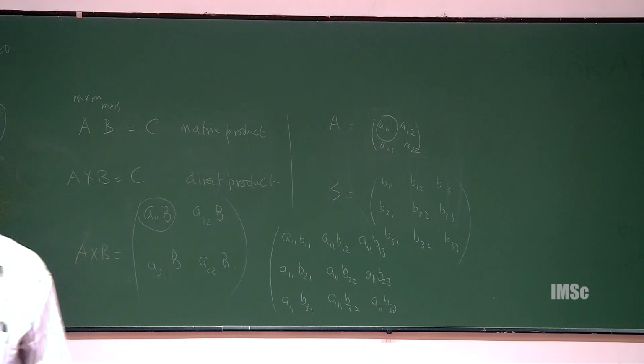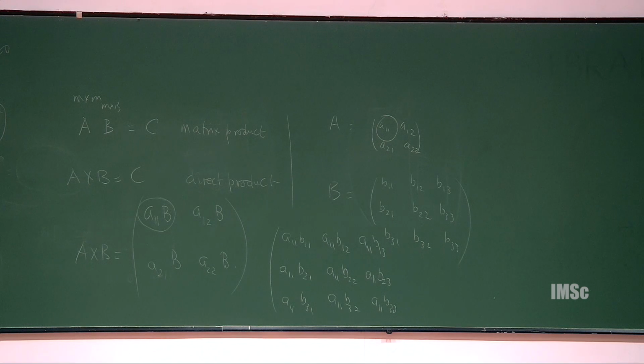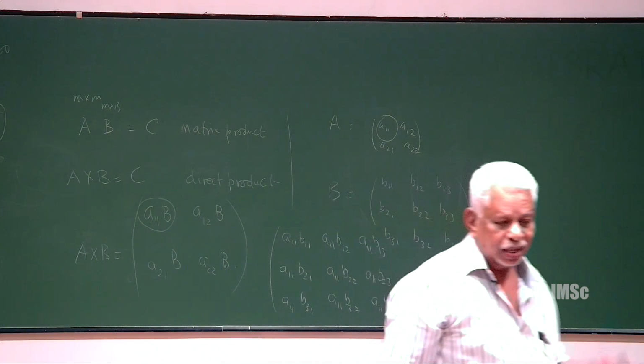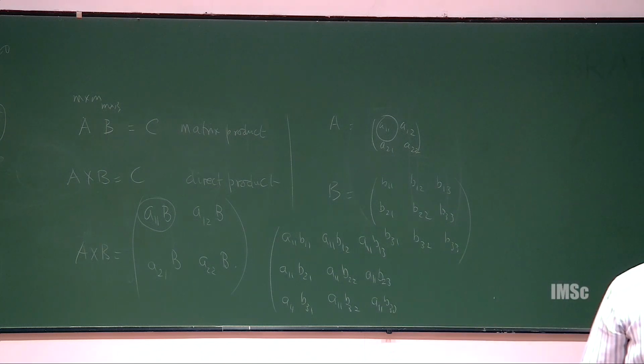That is the rule for what is called the direct product of two matrices. That is what you have as a rule. So what is the dimension? It is 2 into 3, which is 6.